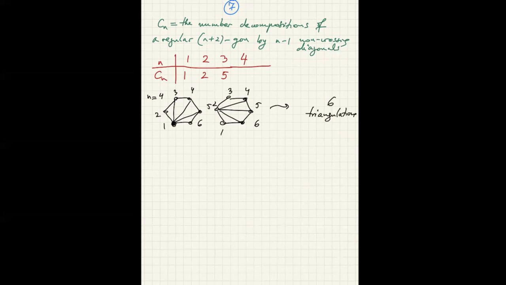Okay. Are there others? Well, let's see. Well, we can try to draw it this way. You have this letter N inside formed by the diagonals.